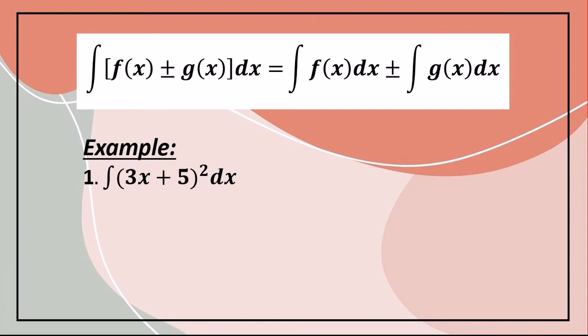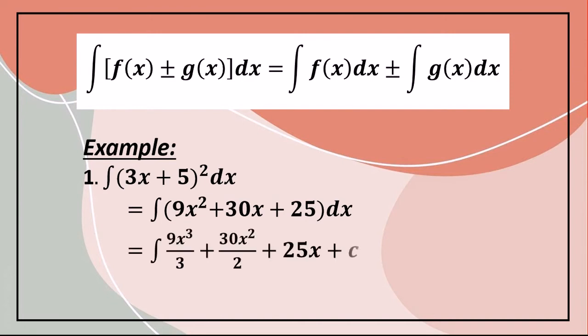We should apply the FOIL method first, since this is a polynomial. So we have here the indefinite integral of 9x squared plus 30x plus 25 dx. And we can apply the other property, the constant and the power rule for this expression.